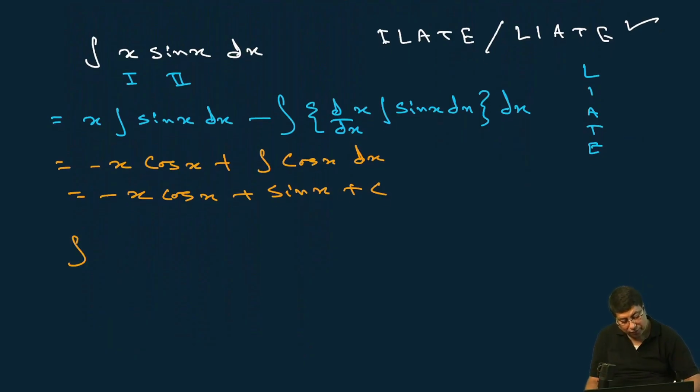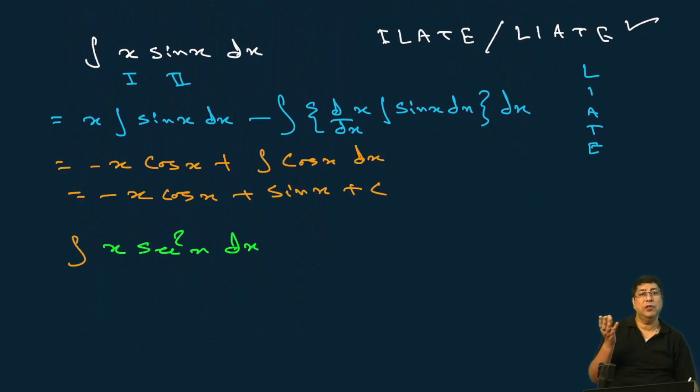One more example. The integration of x into sec square x dx. What will we do? Once again, in this LIATE formula, x is the algebraic function and sec square x is the trigonometric function. So here u is the first function, x, and the second function is sec square x.